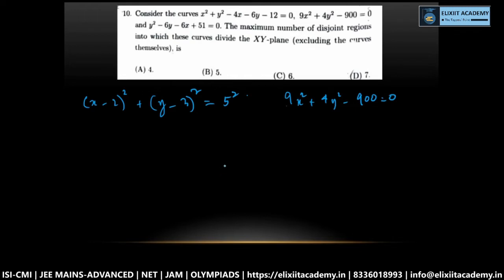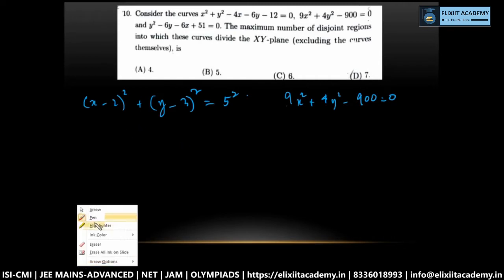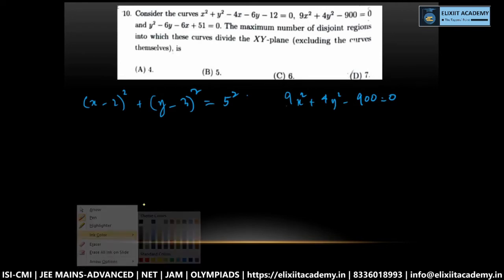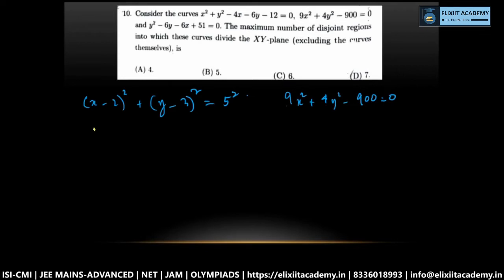If you rewrite this, y square minus 6y minus 6x plus 51 equal to 0, it becomes y minus 3 whole square equals 6x minus 42.